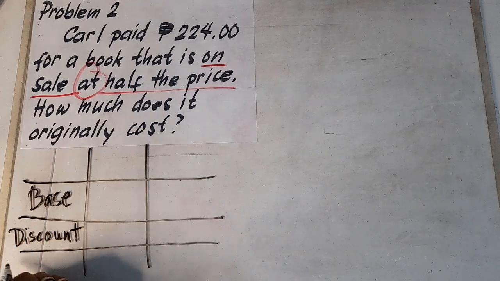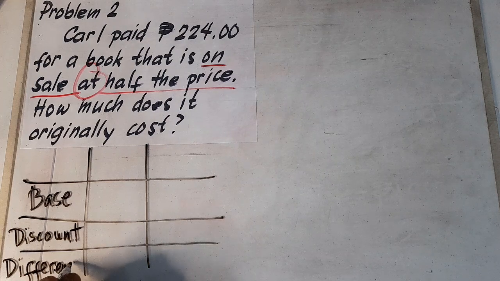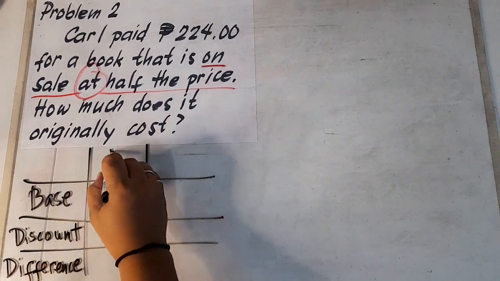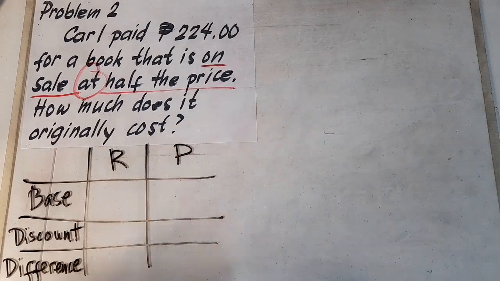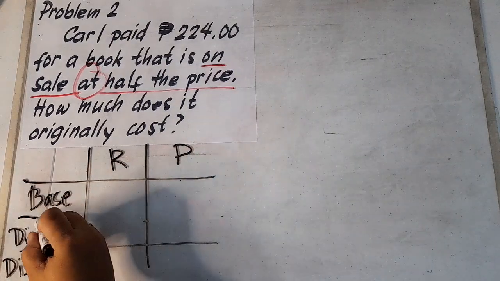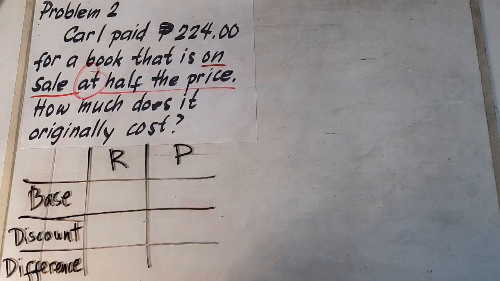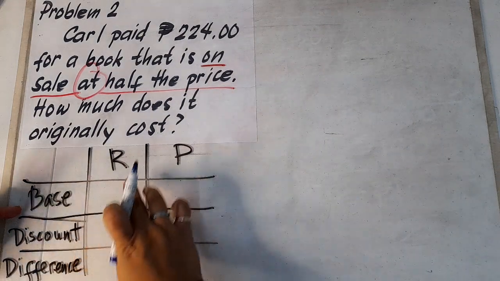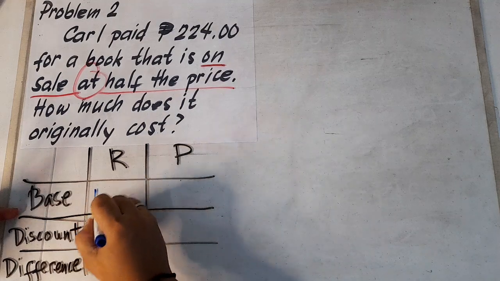And then we have difference. Okay, here, it's the rate and then percentage. Okay, so pagpasensyahan nyo na yung preparation natin ng table. Okay. Now, lagyan na natin yung table natin. Kagaya ng kanina sinabi ko, the rate of the base is always 100%.